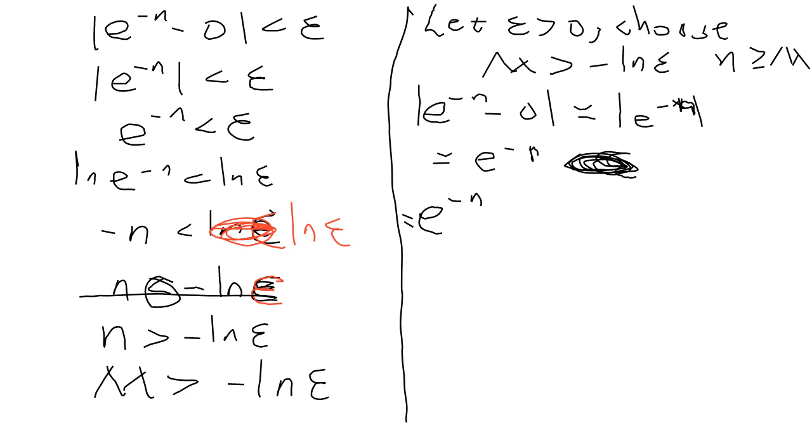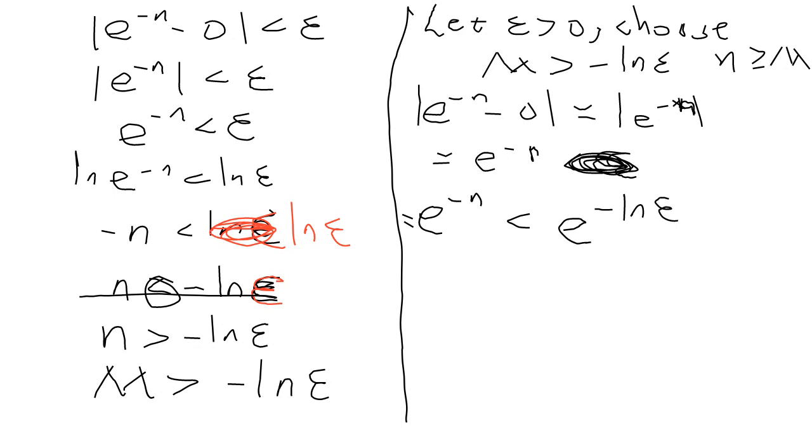Look at e to the minus n. Is it getting smaller or larger as n increases? Smaller. So if we are saying that e to the minus n, it must be less than e to the negative ln epsilon.